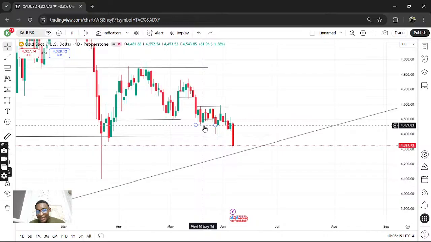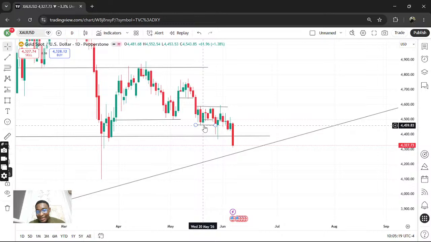And if you look at the top side, you can see that all the bodies closed inside this range with a small wick that cuts the top side. And then if you look at the downside, you can see that all the bodies also close inside the range with these 2 wicks here.